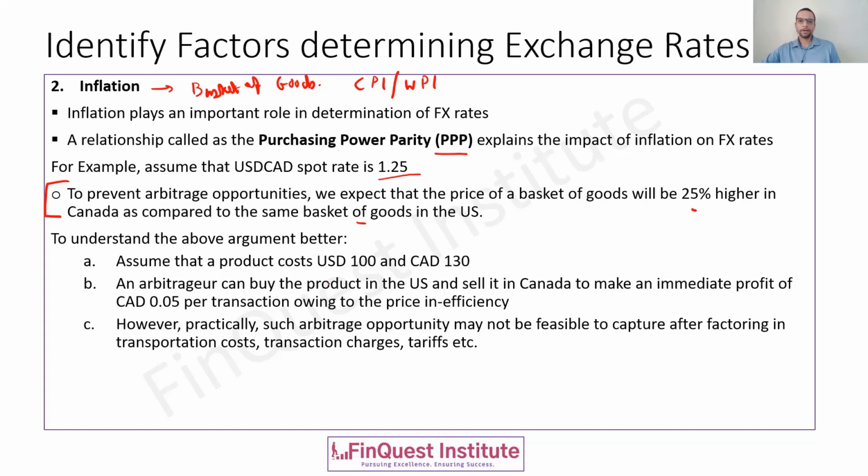So 1.25 and 1.3. When you say 100 and 130, that's basically 1.3, isn't it? So the difference between 1.3 and 1.25, that's 0.05 benefit on the Canadian dollars. So that can be an immediate profit which can be realized by that particular arbitrager owing to this price inefficiency.